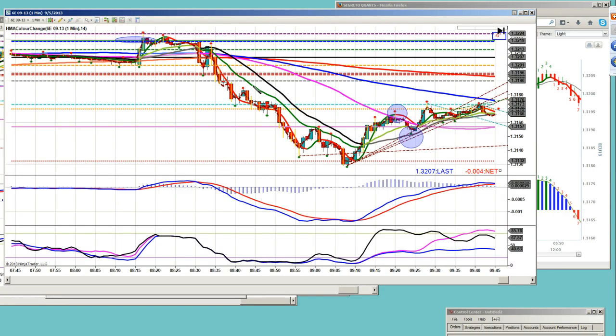So let's use this example. If I was trying to do this gap trade with this asterisk, this would be faked out. There's not enough traders in that direction because the HMA is not involved. And the HMA is telling me, hey, we haven't changed color yet. That means there's not enough traders. We're still going short.